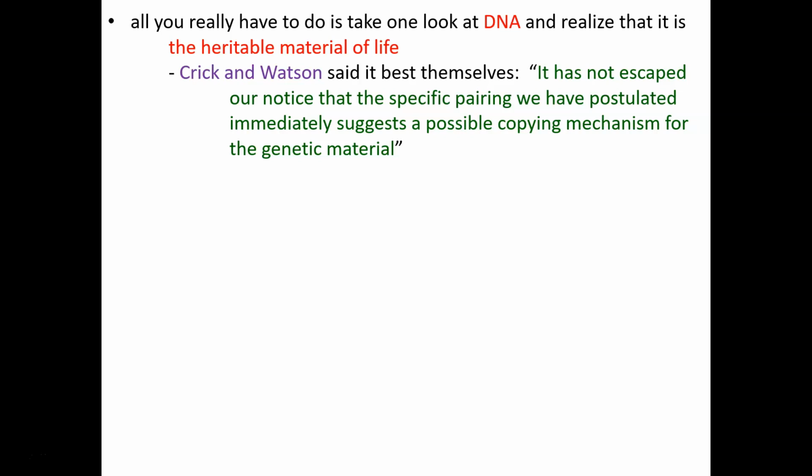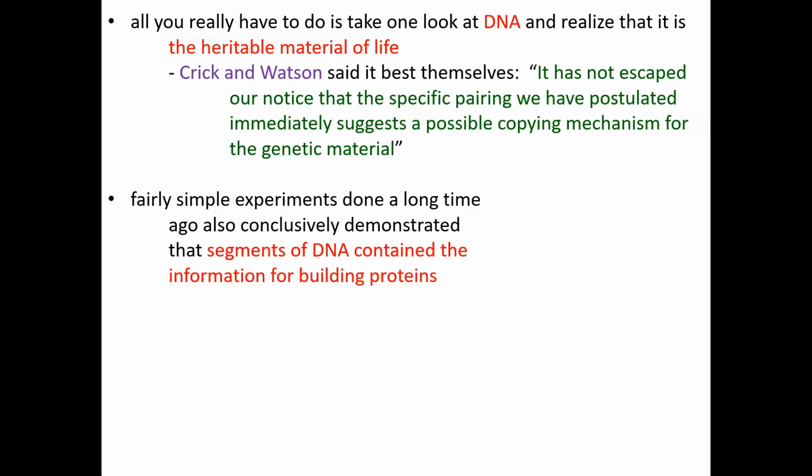Watson and Crick, in their foundational paper, where they described DNA, and of course, as we all know, left out their major contributor as well, who should have gotten their Nobel Prize, Rosalind Franklin. Watson and Crick said it has not escaped our notice that the specific pairing we have postulated, they're referring to the adenine, thymine, cytosine, guanine base pairing, immediately suggests a possible copying mechanism for the genetic material.